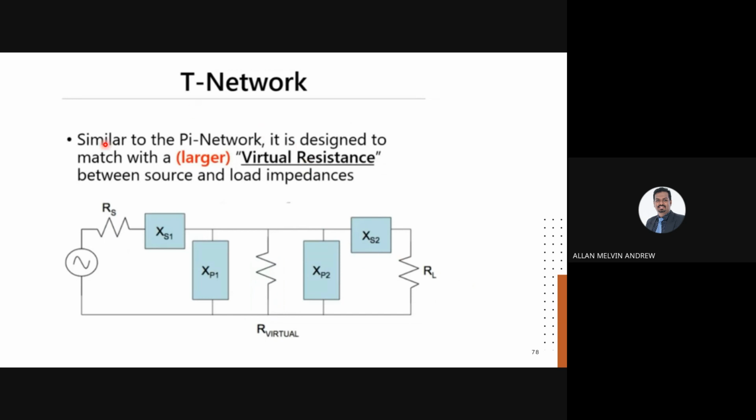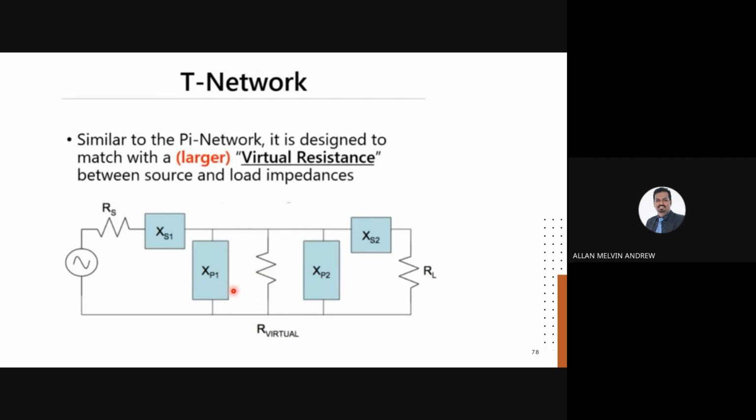Similar to the pi network, it is designed to match with a larger virtual resistance between the source and load impedance. Compared to the pi network, where the R virtual is smaller, for the T network the R virtual is larger because it is connected in parallel, not in series.